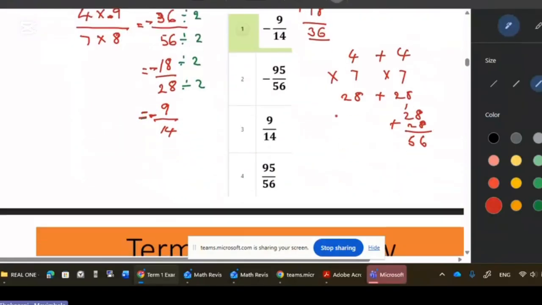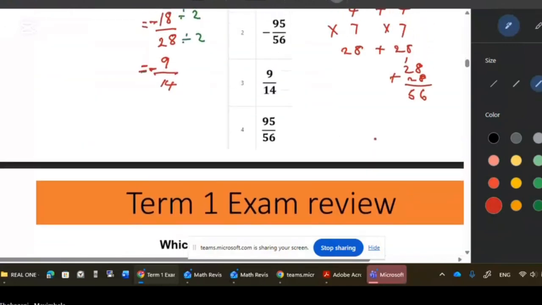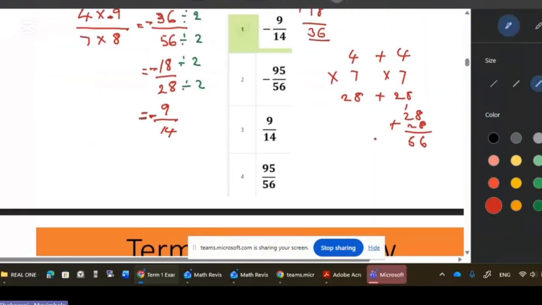Let's see if you can do, again, you can have something like this. If the time is not on my side, 3 minutes left, we can't do this, no problem.